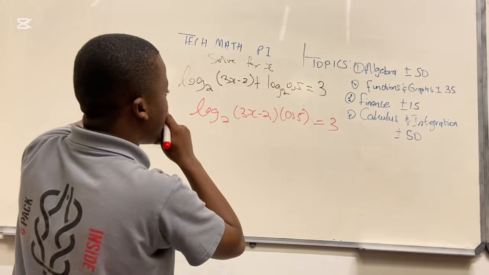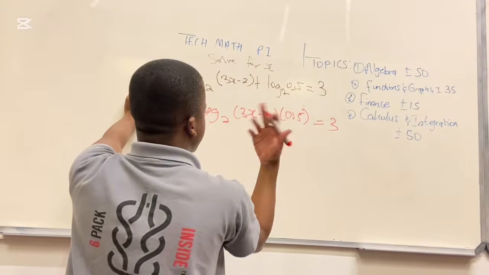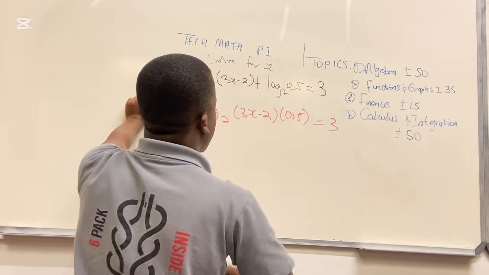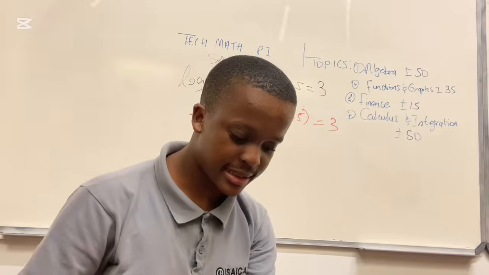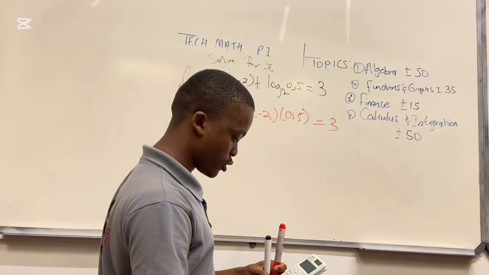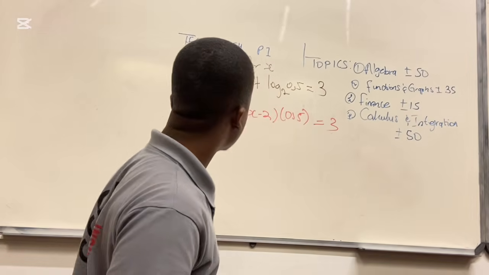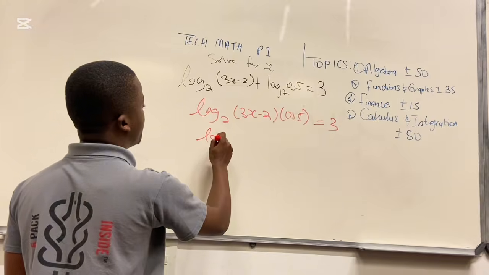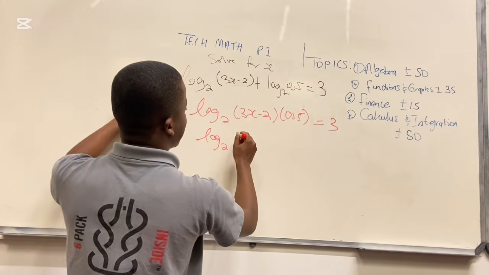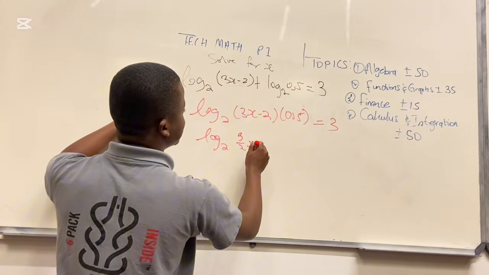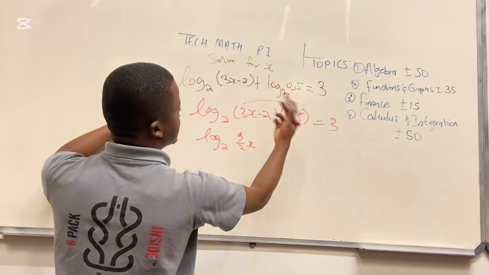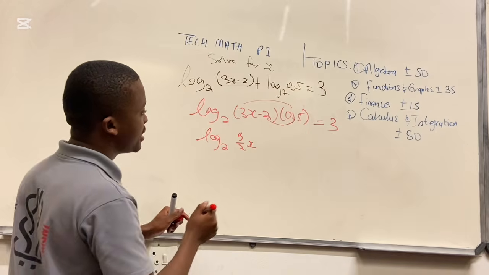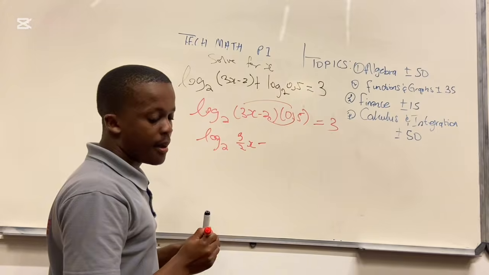Now 0.5 times 3, a half times 3, is 3 over 2. This is log base 2 of 3 over 2x, and then this comes here, it's a distributive law. Then what do we get here?